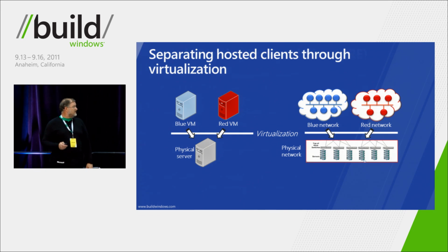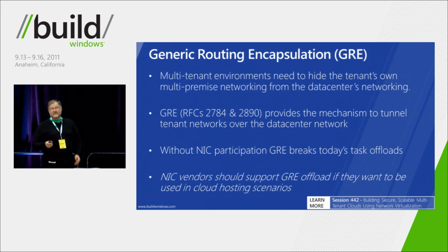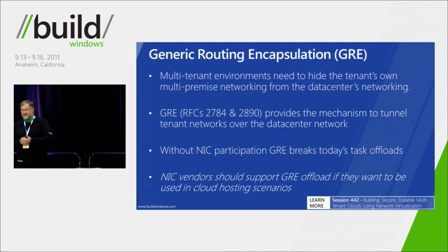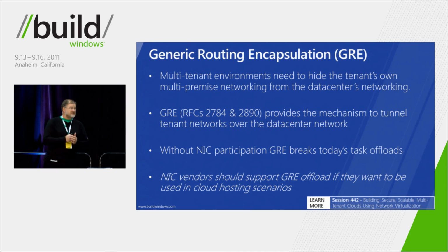And so we have come up with the Hyper-V virtualized networking solution, which uses a technology called generic routing encapsulation, GRE. GRE is an industry standard. We do it in accordance with the standard, and one of the things we're really looking for is support for GRE in NICs.